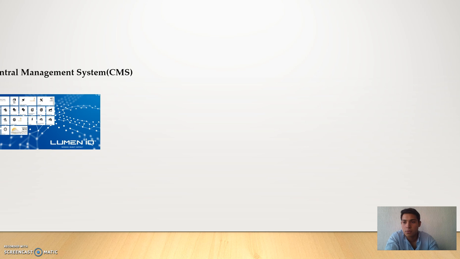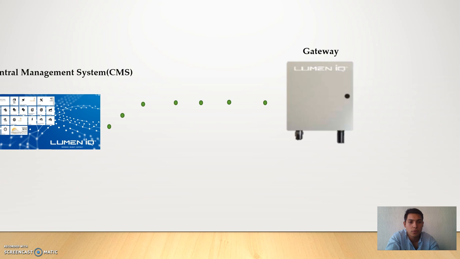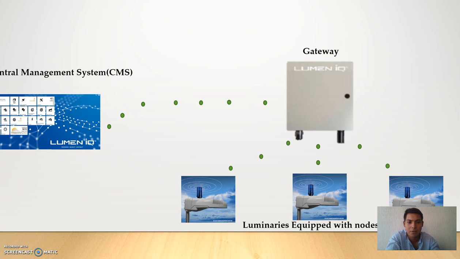When the user wants to manipulate the streetlight, LumenIQ sends a message to the gateway. This device controls all the luminaires. It means LumenIQ sends a message to the gateway, and the gateway sends that message to the luminaires.